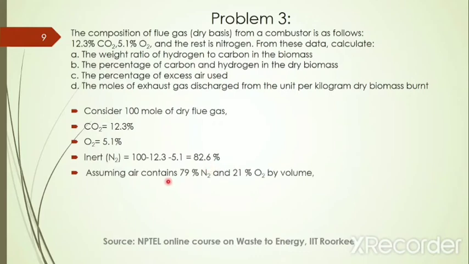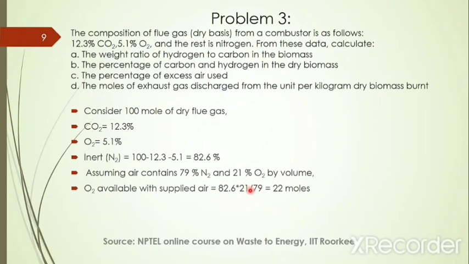and we can assume the air contains 79% nitrogen and 21% oxygen by volume. So what will be the oxygen available? So nitrogen remains as such in the product side as well as reactant side. So this is the mole of nitrogen present, that is 82.6 mole. So we can find out the oxygen supplied with air, that will be 82.6 into 21 divided by 79, and that is 22 moles.